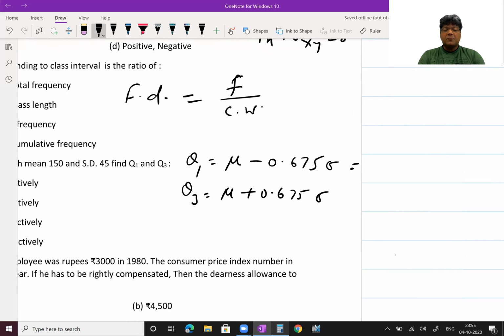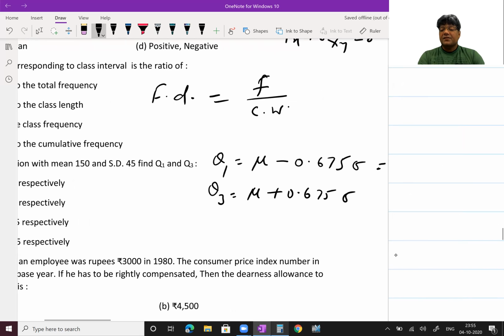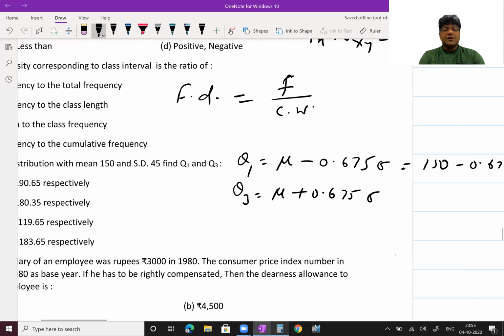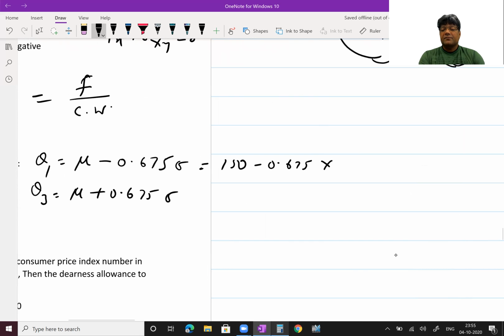Your mu is how much? 150, minus 0.675 into sigma, standard deviation 45. So here it will be 150 minus 0.675 into 45.